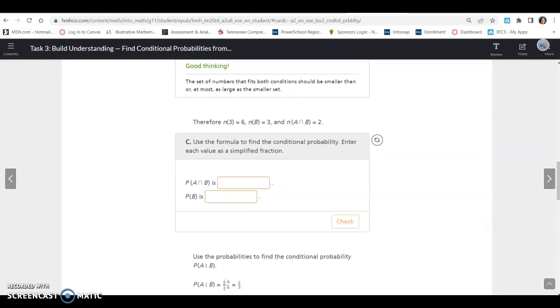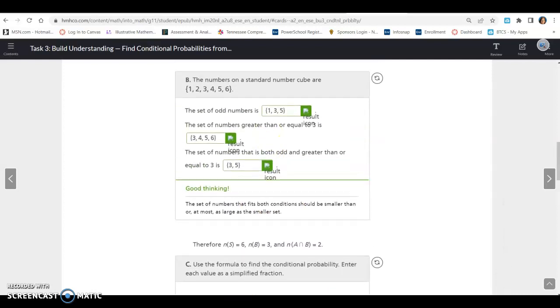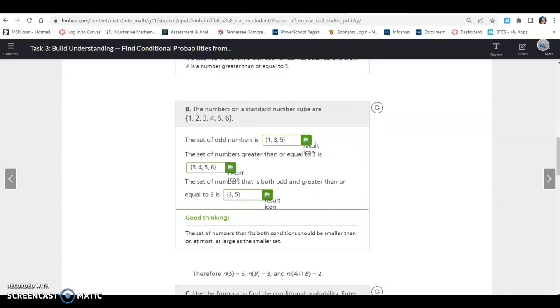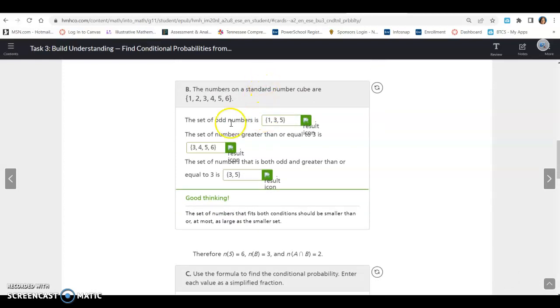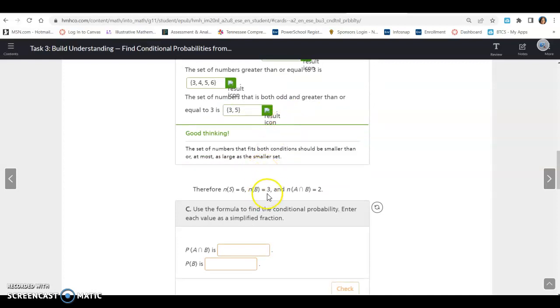It says, therefore, N of S equals 6. That's the number of sides on the number cube. N of B, the number of B happening, was 3. Up here, B was odd numbers, 1, 3, 5, so that's why 3 is the number in set B. The number in A intersect B is 2.